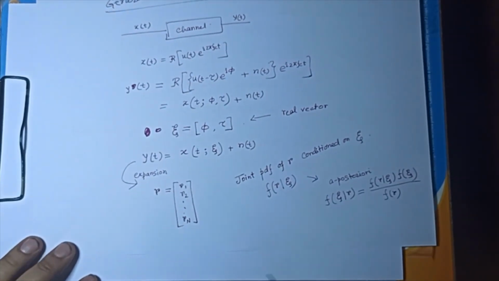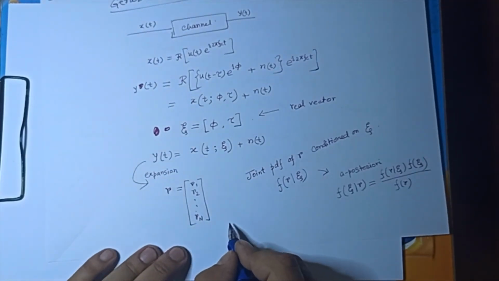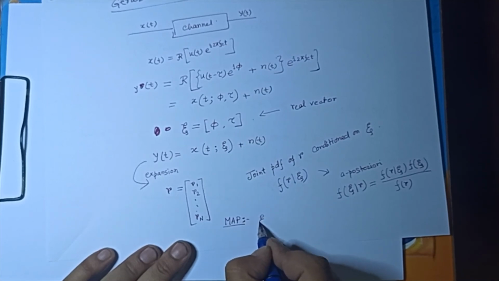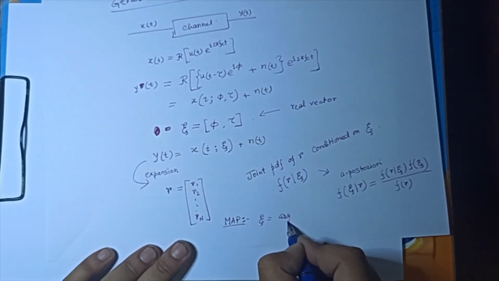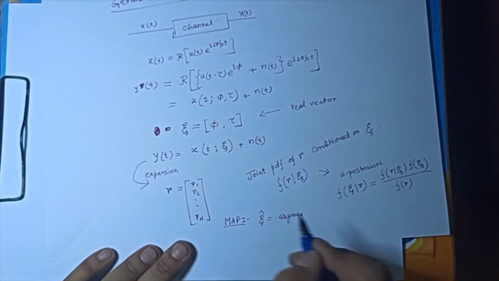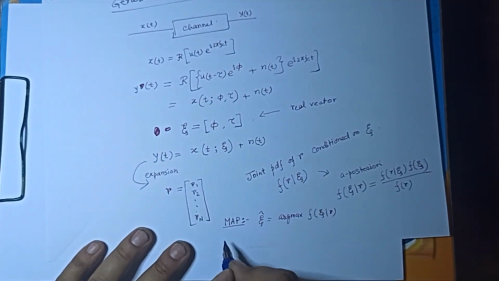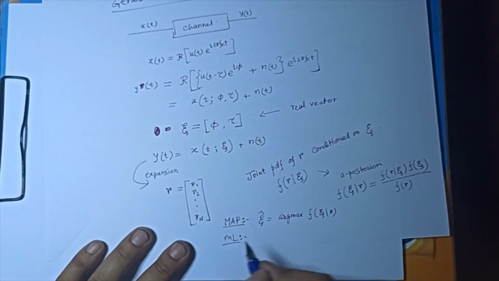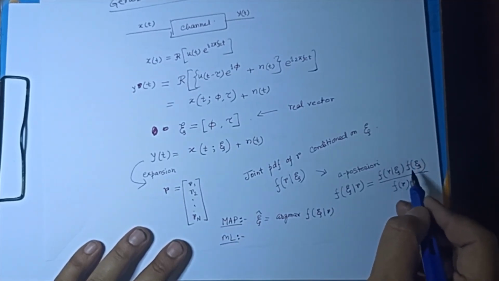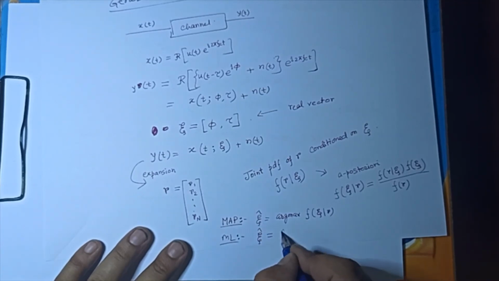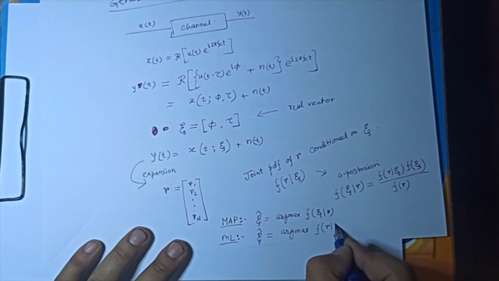So you can get now the simple relationship. For MAP, you basically maximize argmax of f of xi given r, and for ML, when you assume that the prior is equiprobable, you do argmax of f of r given xi.